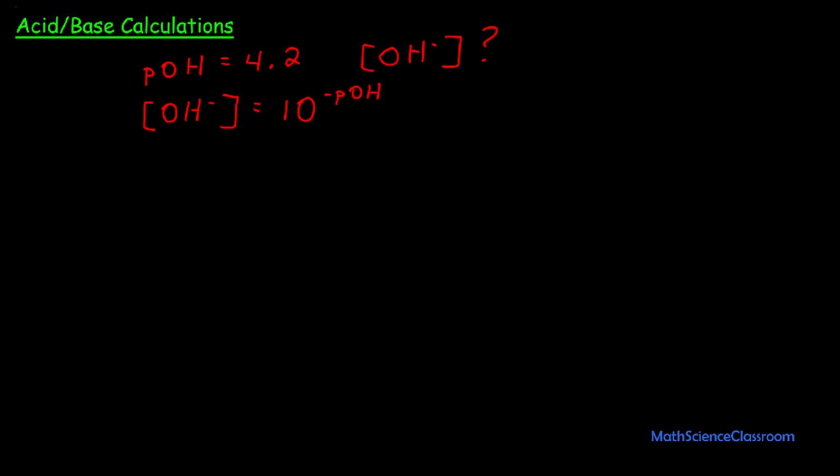So let's plug those numbers into our calculator. 10 to the negative 4.2 equals 6.31 times 10 to the negative 5th moles per liter.